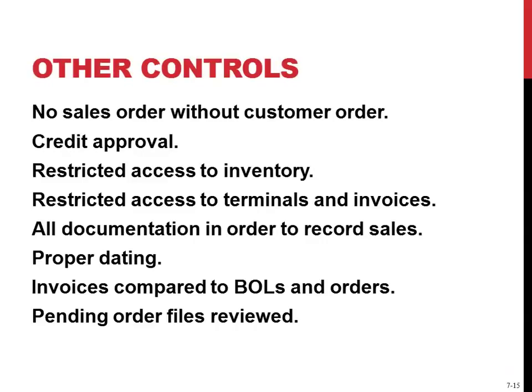There it is, credit approval, right? That's a control. So that's a test of controls. So you're testing the controls designed to ensure that sales are not processed for customers who don't have proper credit approval or who aren't credit worthy.